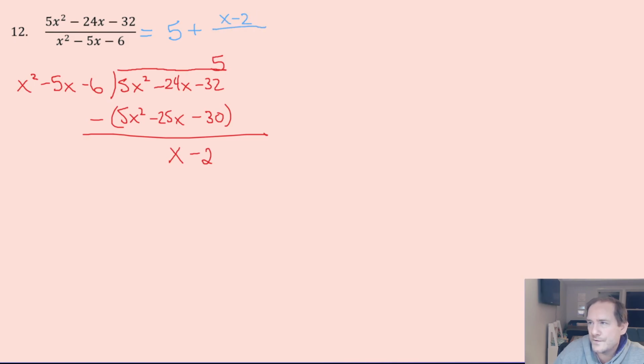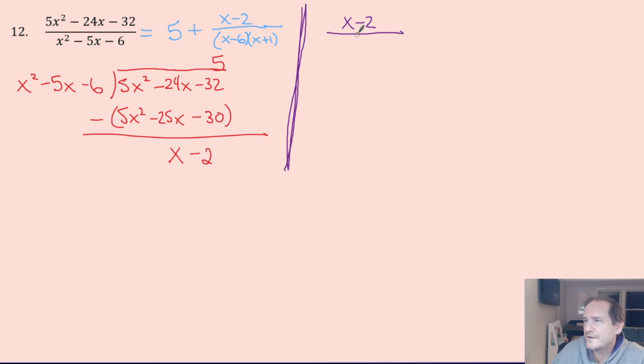x minus 2 over x squared minus 5x minus 6, which maybe we just factor right now to start setting the stage for the decomposition. So it's x minus 6, x plus 1, which means it is another easy one with just non-repeated linear factors. Again, you're going to ignore the 5. You're just going to deal with the x minus 2. Let's put a little dividing line.